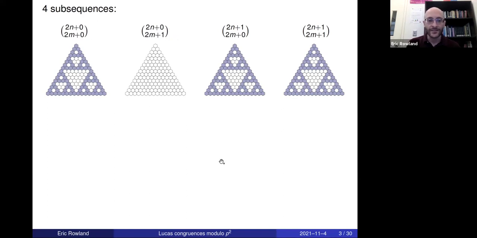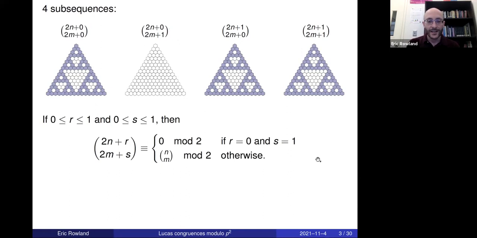That one is all even. So here is a conjectural formula based on these pictures: if you have r and s that are base 2 digits, then you can write 2n plus r choose 2m plus s using n choose m itself. If r is 0 and s is 1, then it's 0 mod 2, otherwise it's just n choose m.